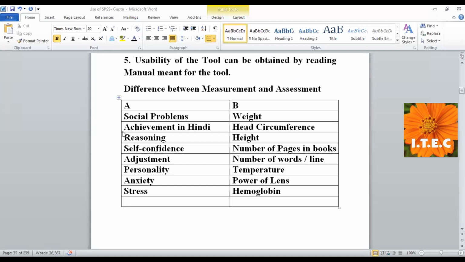No, the achievement in Hindi is not qualitative, it is quantitative. Reasoning is quantitative, self-confidence is quantitative. The social problem is qualitative. So what you think is not correct?